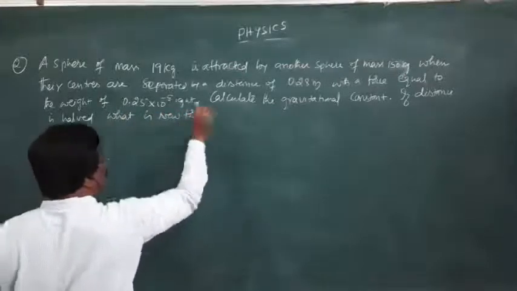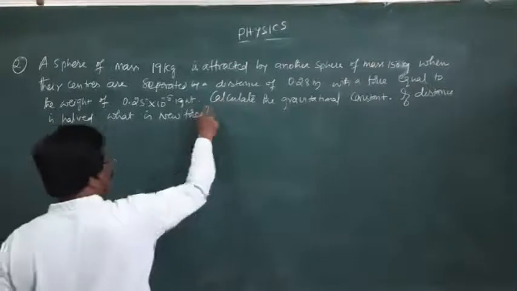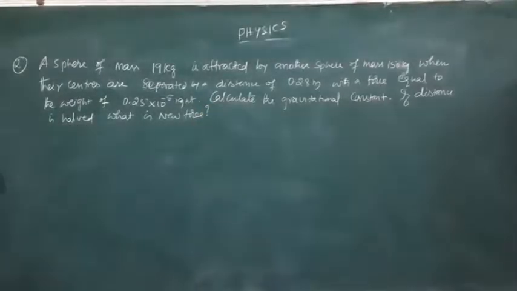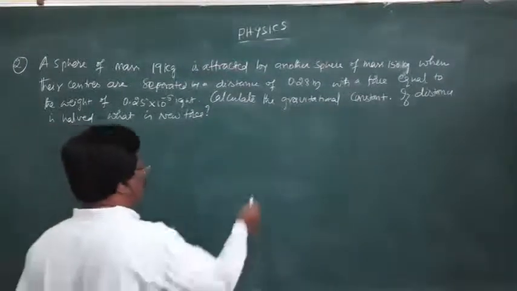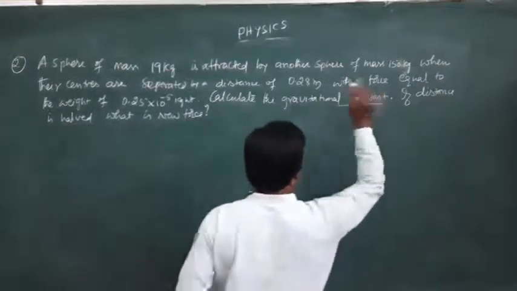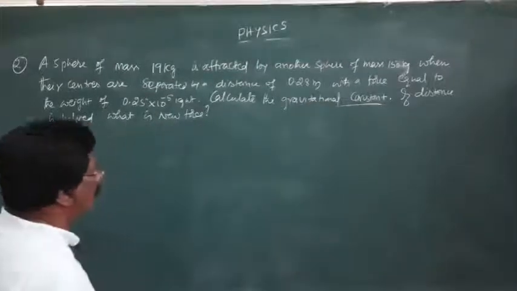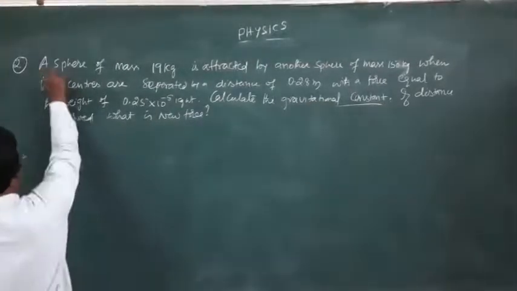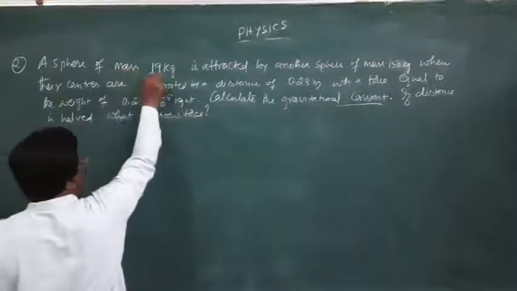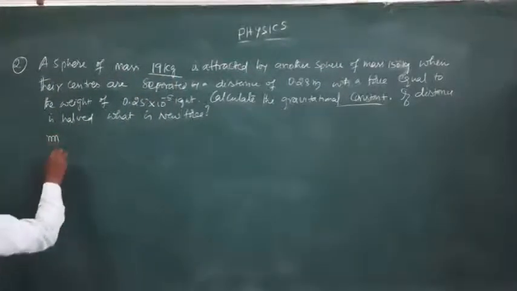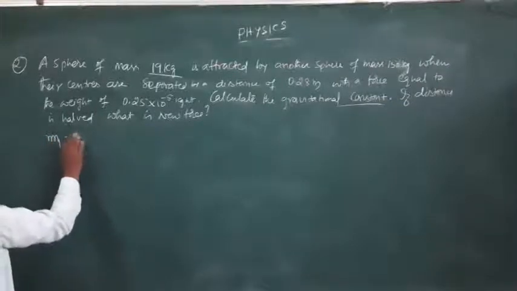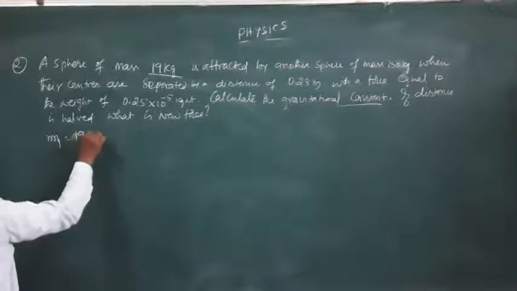So this is the problem. First we have to calculate the gravitational constant. What are the parameters given? The sphere of mass 19 kg, let me call it M1, is equal to 19 kg.